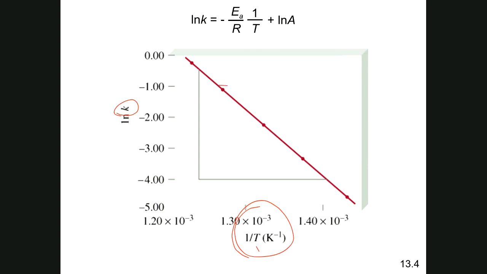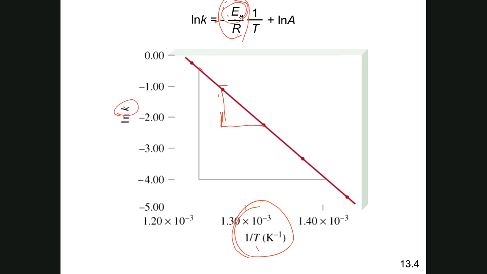You plot the graph, and the slope of the graph, when you calculate the slope, basically delta y over delta x, or rise over run, that value is Ea over R. And then this negative is going to basically be canceled by this negative slope because it's decreasing. So you can calculate the value for Ea also experimentally.